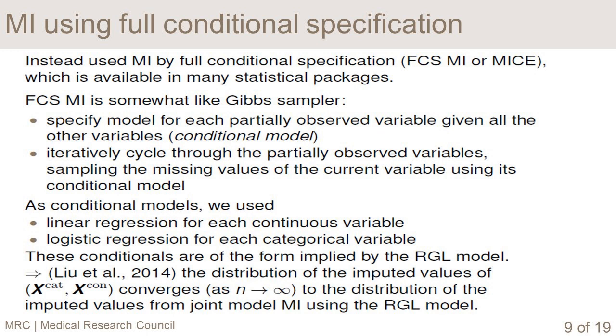So, instead of using joint model MI, we turned to MI by full conditional specification, which is FCS MI, also known as MICE. And this method is available in many statistical packages like R and Stata. Now, FCS MI is somewhat like a Gibbs sampler. The way it works is that you specify a model for the distribution of each partially observed variable given all the other variables.